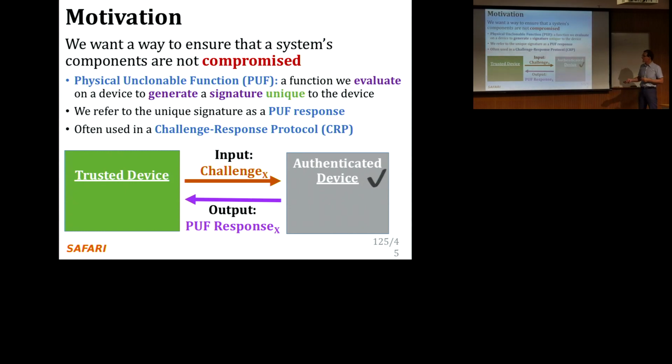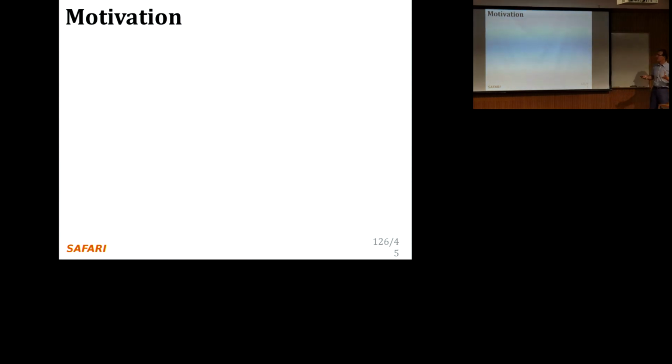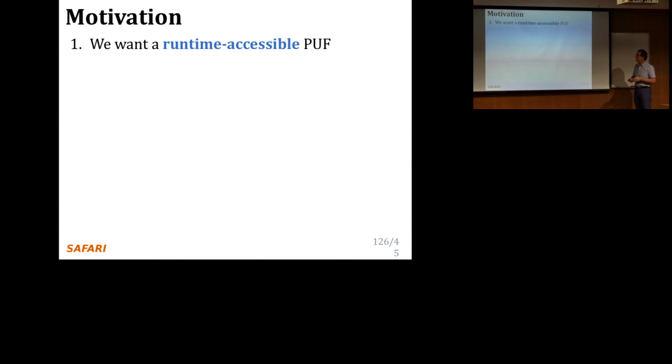And if that response matches, then the device is authenticated, and now you can establish communication with it because you know that this device was not compromised in some way. Somebody didn't take that device and replace it with some other device that's malicious, right? So that's one way of using a PUF.